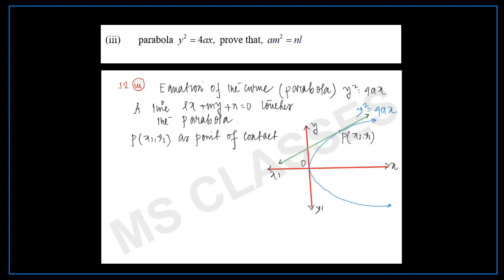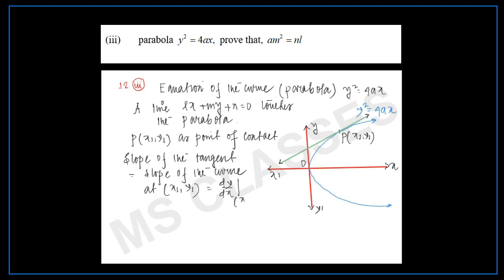Now for that, the slope of the tangent equal to the slope of the curve at (x1, y1), equal to dy/dx at (x1, y1).